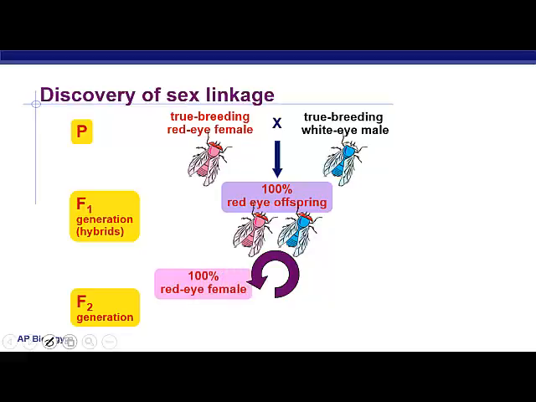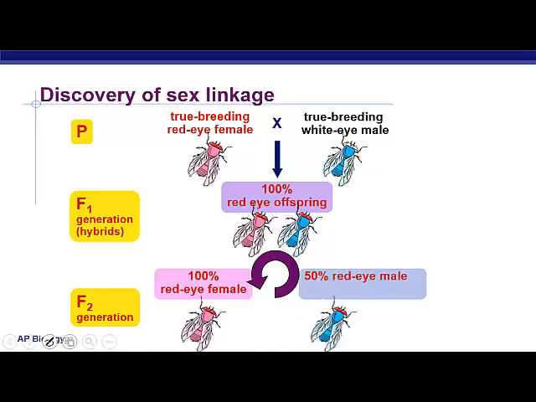But when he crossed these two, all of the females had red eyes, and half of the males had red eyes, and half of the males had white eyes. So in order to figure this out, you're going to need to set up a Punnett square. I will tell you the regular Punnett square does not work for this cross because it's a sex-linked trait. So let's set up and see.